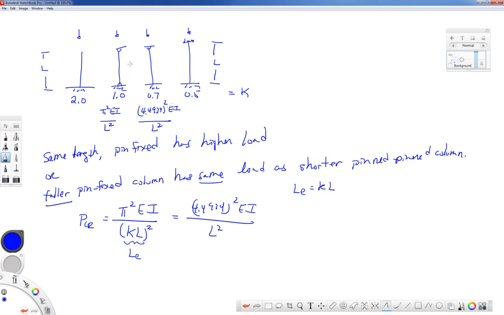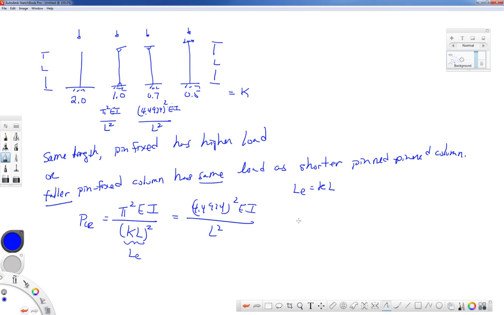So if I have a pinned and pinned column and a fixed and fixed column, I can have a 10-foot tall pinned and pinned column that would buckle at the same load as a 20-foot tall fixed and fixed column. And then 70%, and then the free and the fixed is 2.